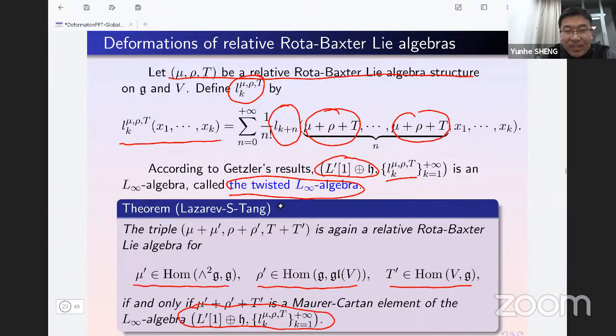Actually, L infinity algebra is very general. So was the original L1 equal to 0, before the twist? In our concrete case, L1 at the beginning is 0, but after the twist, L1 is not 0. Okay, thank you.